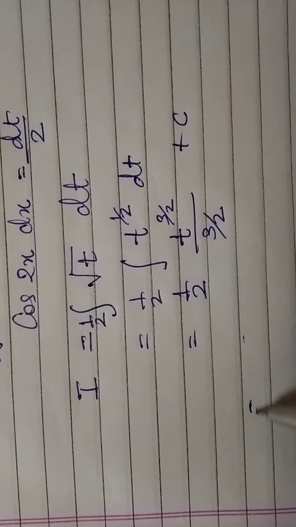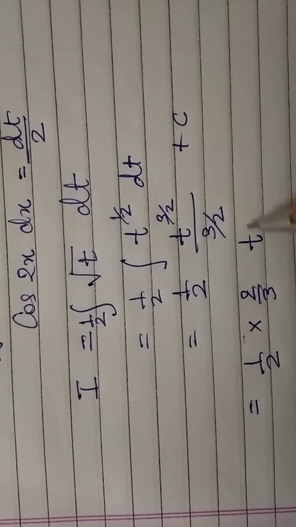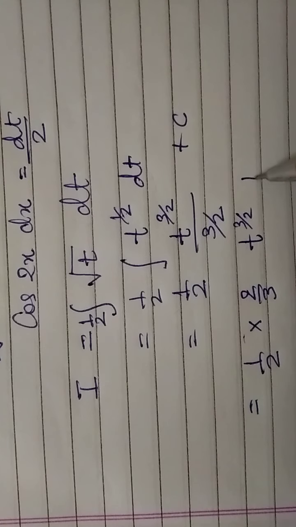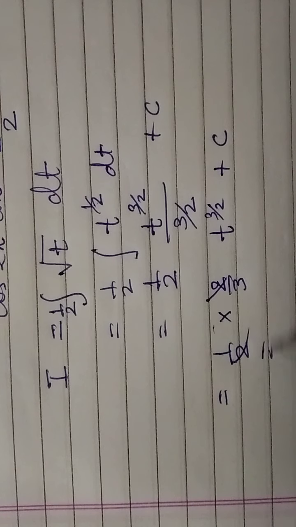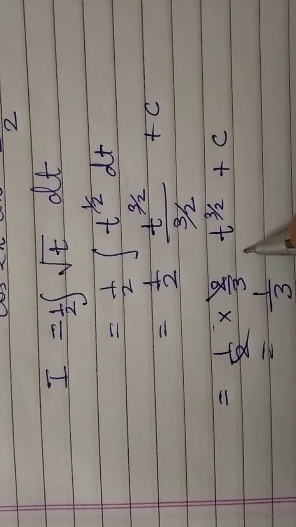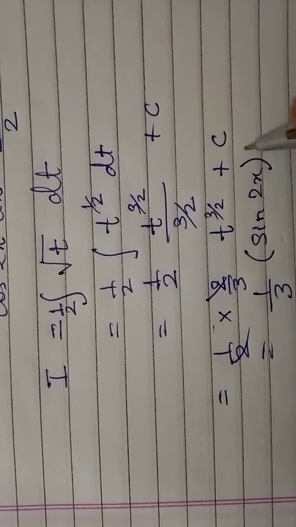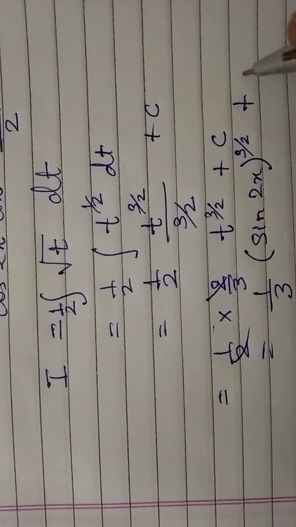So that becomes equal to 1/2 into 2/3, and into t raised to 3/2 plus c. The 2 gets cancelled and I have 1/3. My original question was not t, so I resubstitute the value of t. The value of t was sine of 2x. So 1/3 sine of 2x to the power 3/2 plus c.